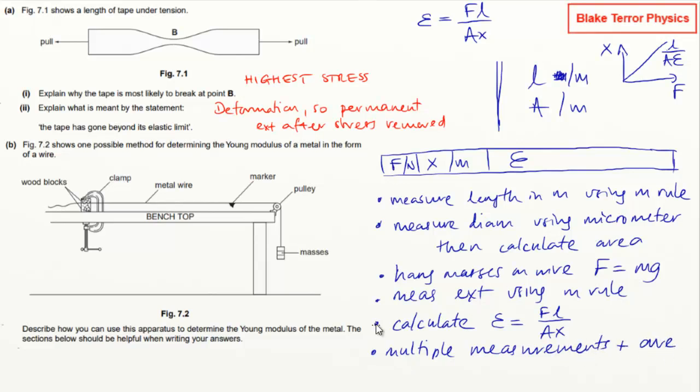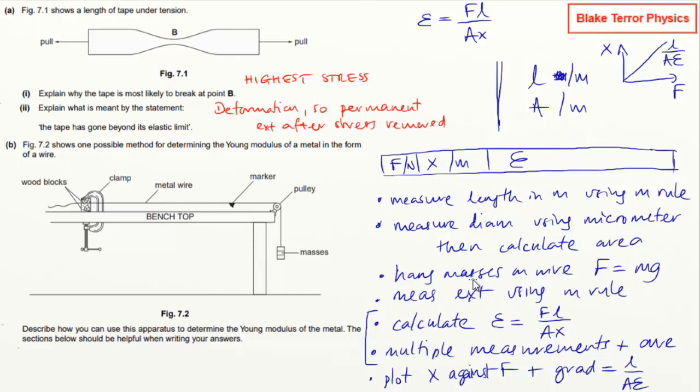So we could say that, or instead of that bit, we could say plot X against F and gradient equals L over AE. So we've got two options at the end.